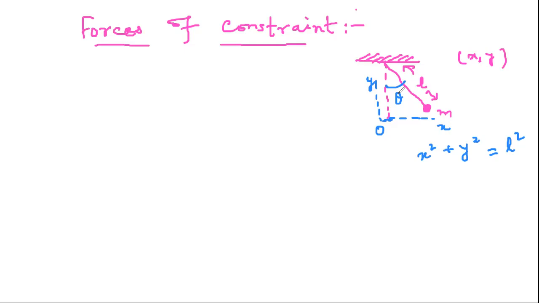Second thing, when we are interested in only finding the equations of motion, we are not interested in finding the force of constraint, then at the outset you impose the constraints in the system on your variables and reduce the number of variables and solve the equations of motion for those independent variables.